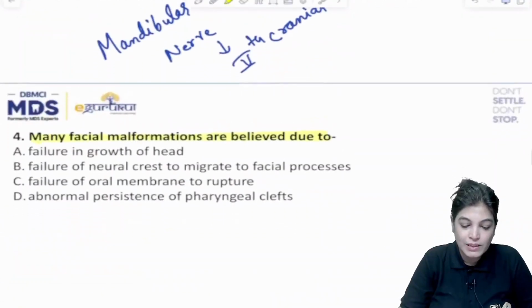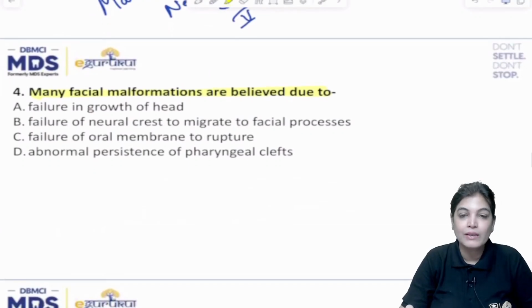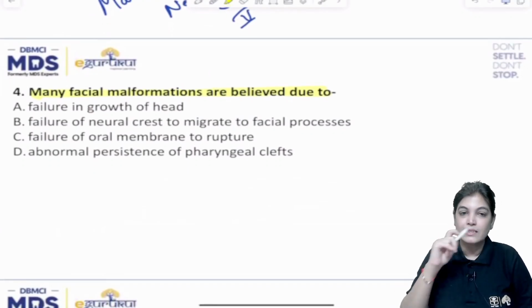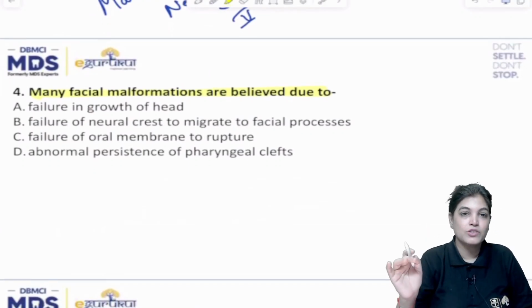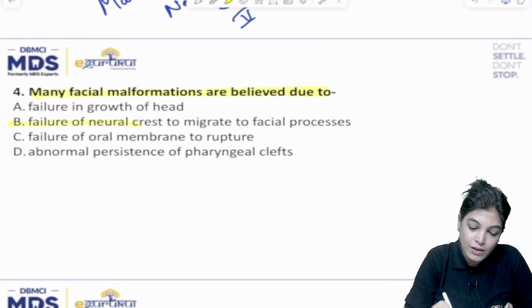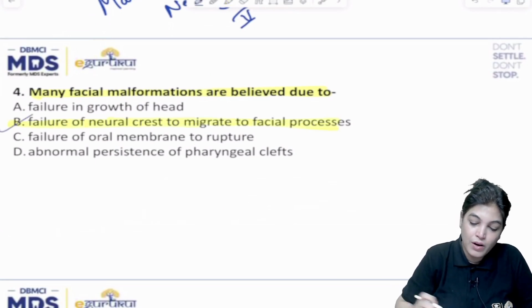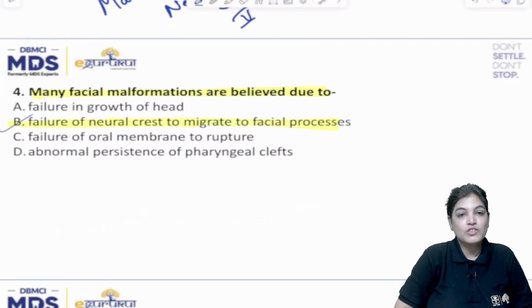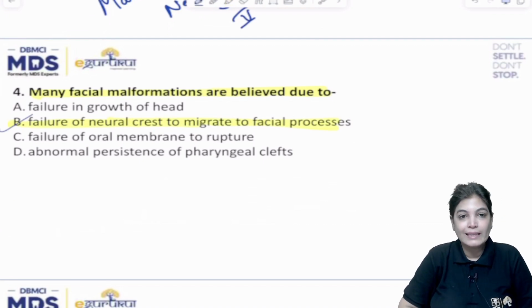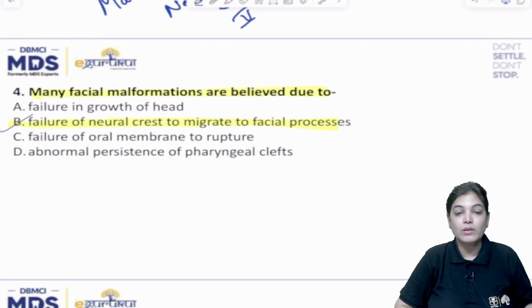So if we are going to mark the most correct answer, based on this explanation, failure of neural crest cells leading to abnormal formation is the most correct answer among the options provided. Okay, so we will mark B as the most correct answer because that will form various abnormalities in the facial developments. Let's move on to the next question.